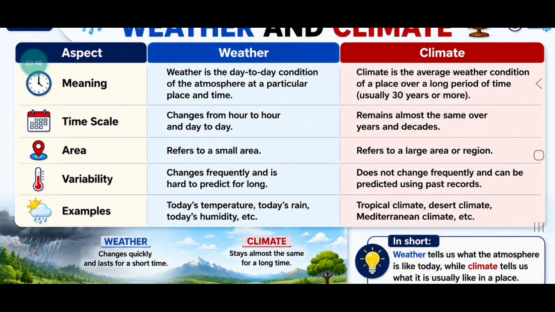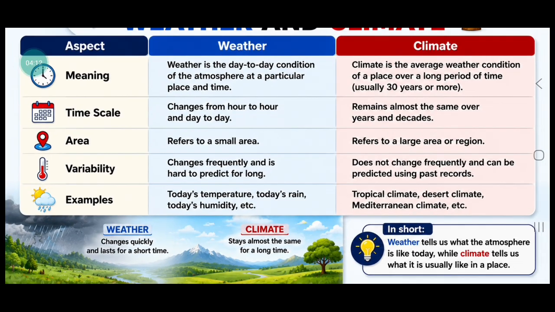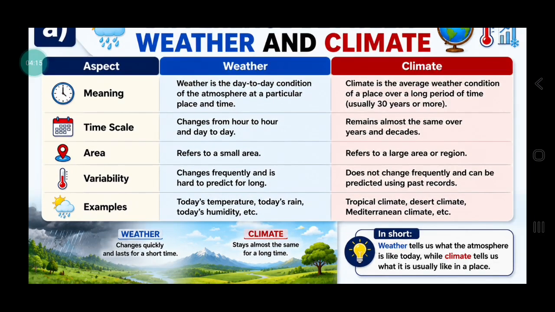Variability: weather changes frequently, climate does not change frequently. Examples of weather are sunny, rainy, cloudy, foggy, stormy, etc. And examples of climate are tropical, subtropical, arid, humid, Mediterranean, the hot and humid kind, and Mediterranean.